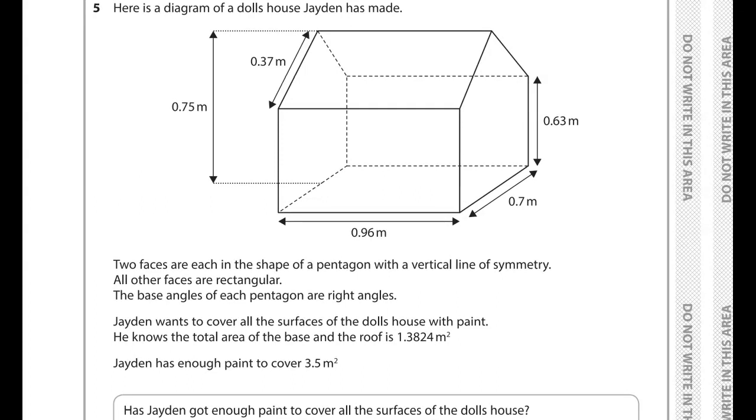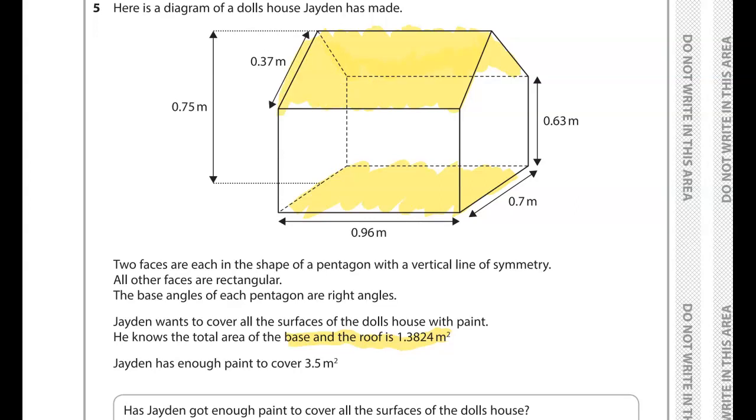Okay, so we know that the total area of the base and the roof is 1.3824. So that covers the base here, and also the roof, as we can see. And of course this.